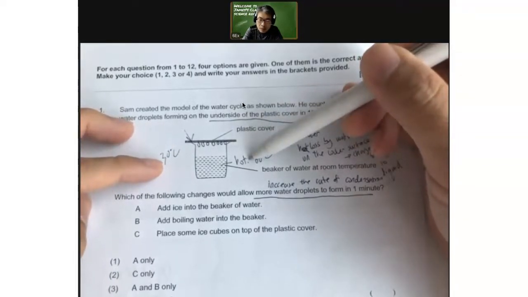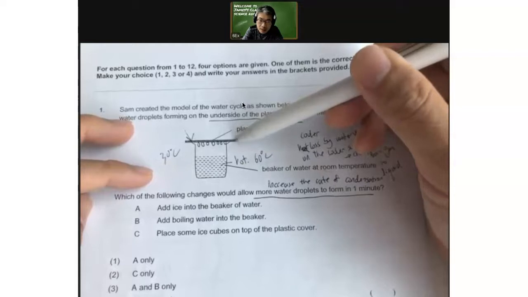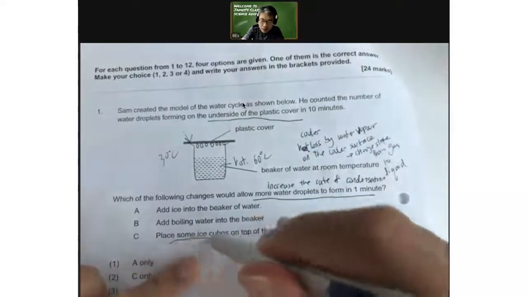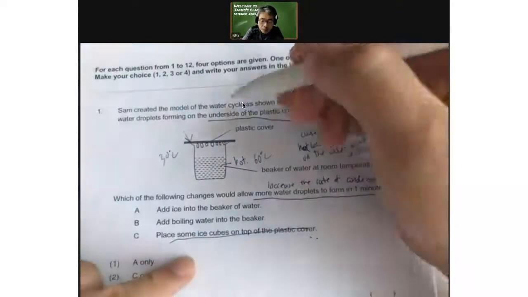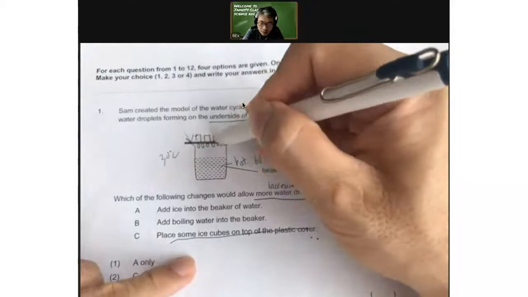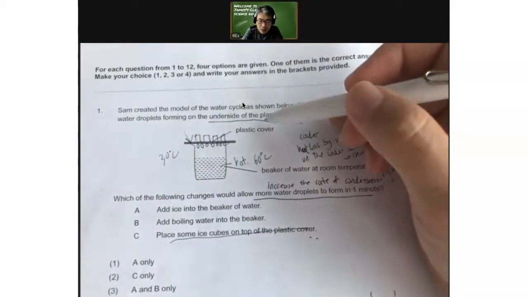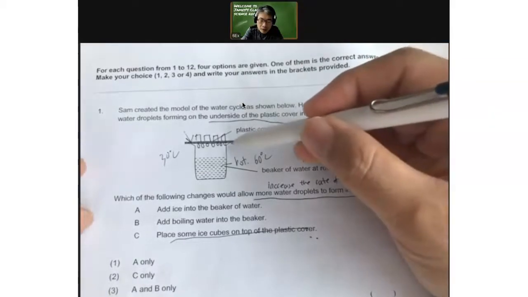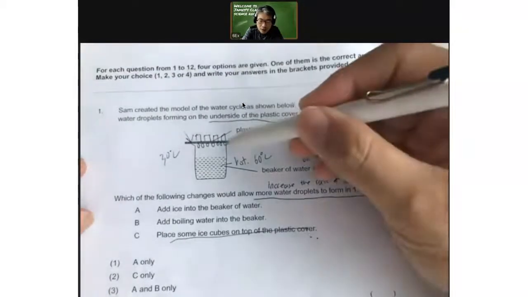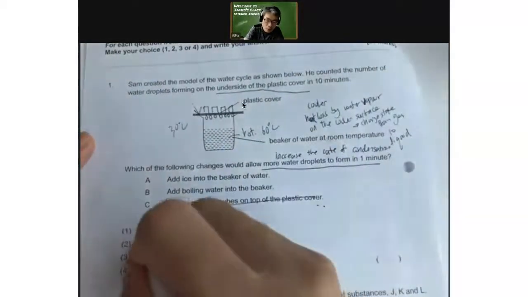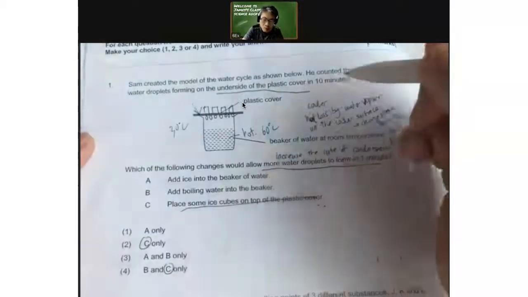How can we increase the temperature difference? Make this plastic cover even cooler. For example, adding ice cube on top of the plastic cover. If you put ice cube on top of the plastic cover, it will become even colder. Then there will be greater rate of condensation on the plastic cover. So C must be one of the answers. That will leave only 2 and 4.